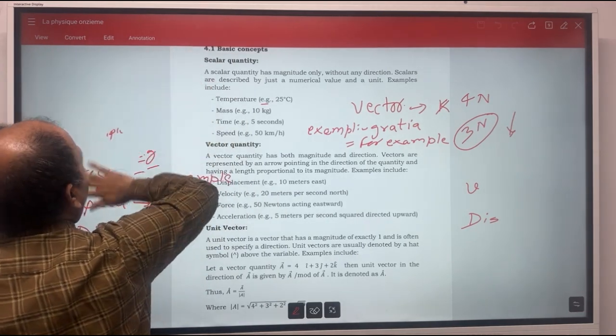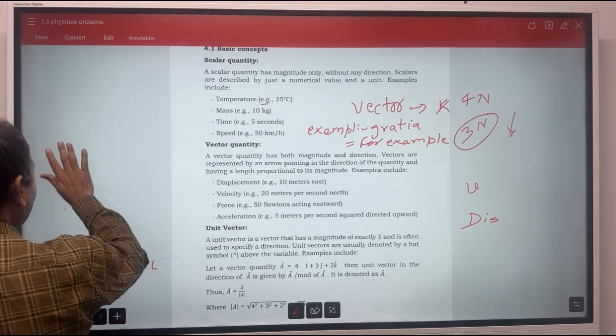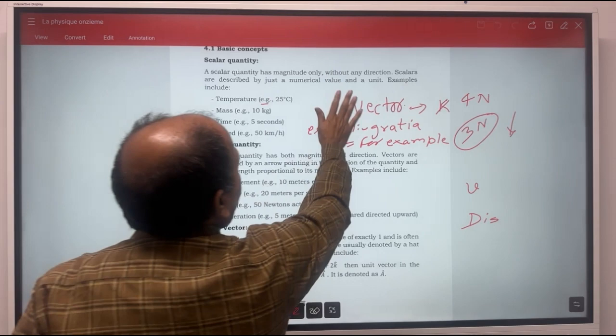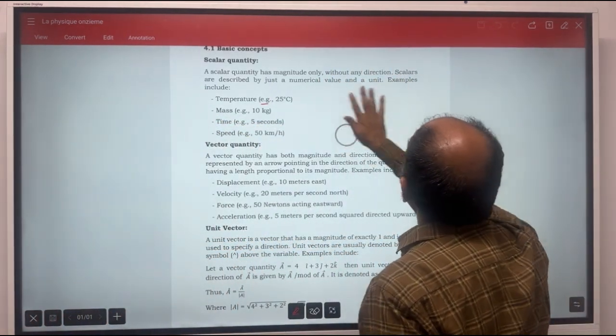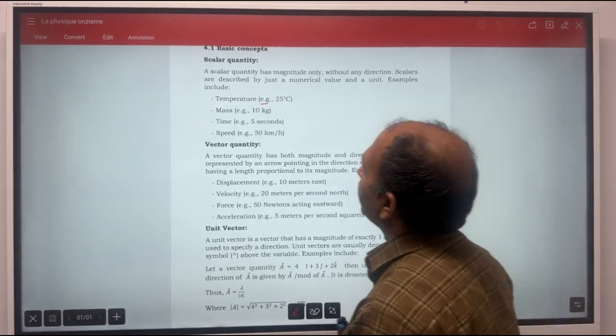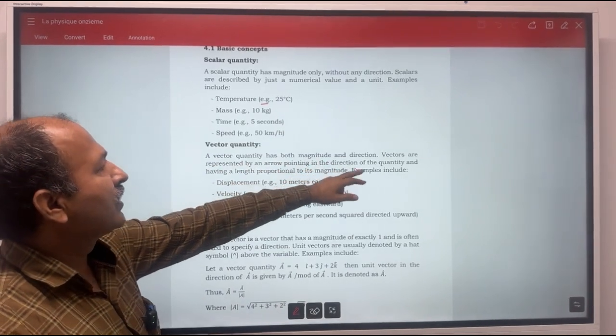So here we have studied the concept of scalar and vector. I am going to further elaborate this concept. A vector quantity has both magnitude and direction.